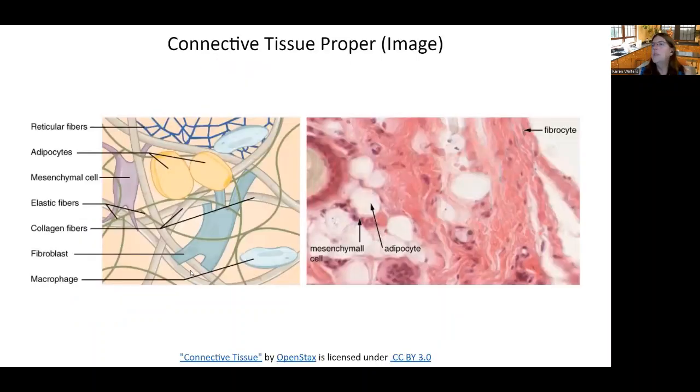Here's another similar picture. The one on the left is a cartoon. The one on the right is showing you, let's see, it's a little bit hard to see in here, but we've got some fat cells. We have some fibrocytes. So this is kind of a loose type of a tissue.